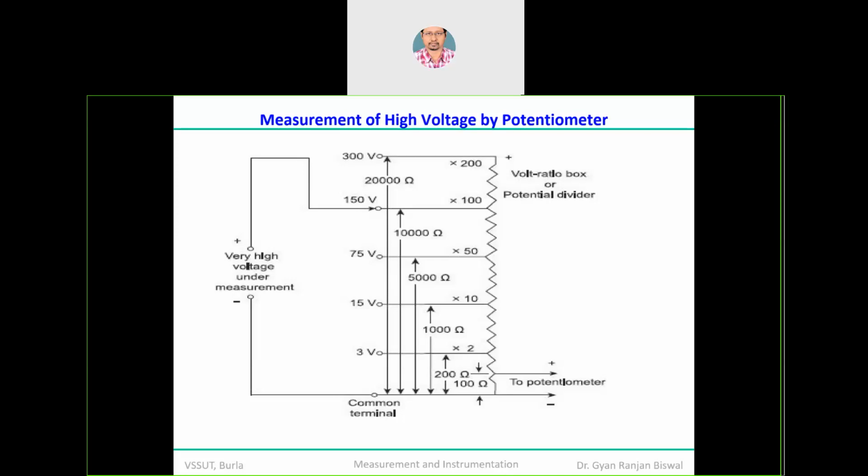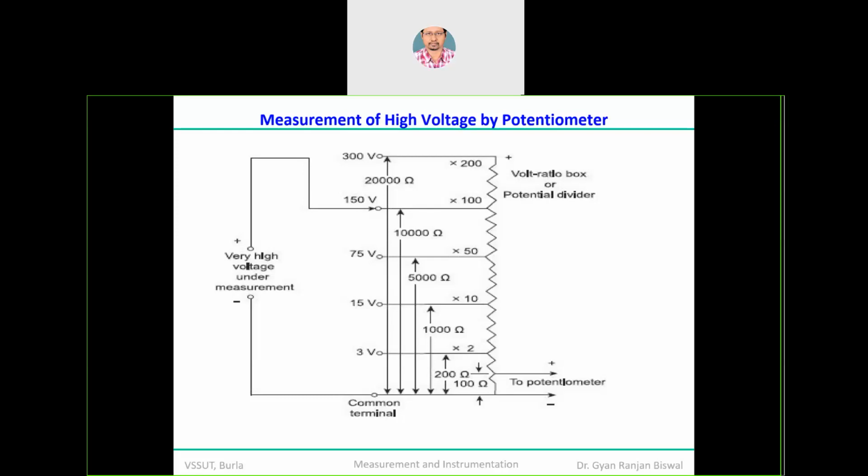So for example, it is now set across the 100 ohm. So across the 100 ohm, it will give you the unknown value of voltage. On the other end, on the source side, it is a very high voltage which is under measurement. Clear? Now you can say that it is equal to Vx. Now across the 200, across 100, that means the circuit is actually a multiplier circuit.